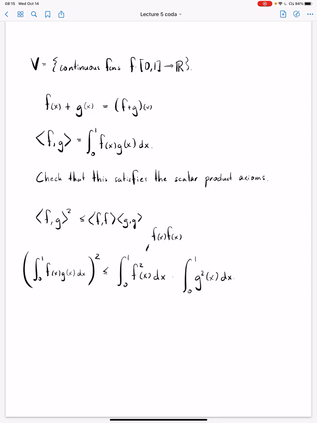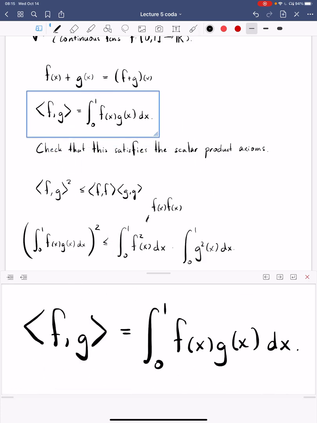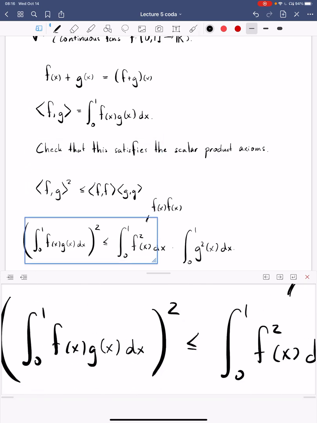It is just an artifact of the Cauchy-Schwarz inequality, which holds in general Euclidean spaces. Once you verify that this scalar product really is a scalar product in the vector space of continuous functions from 0, 1 to R, then this inequality follows automatically by the general proof that we've given for the Cauchy-Schwarz inequality.